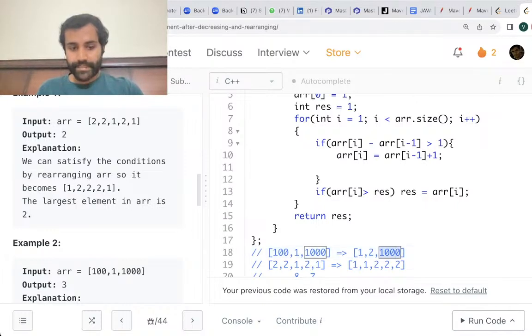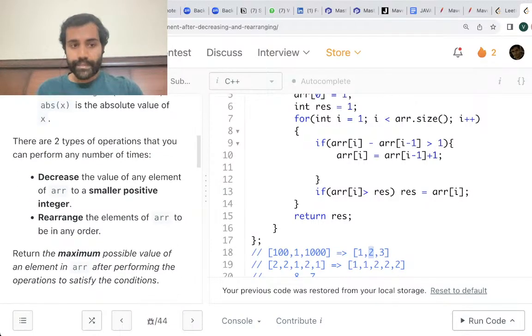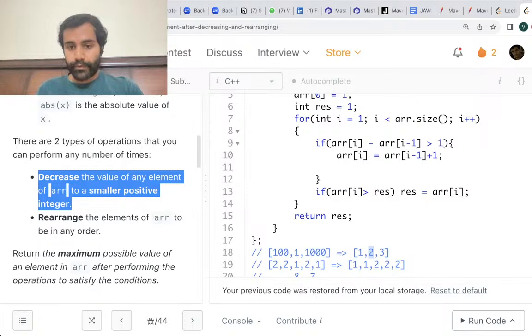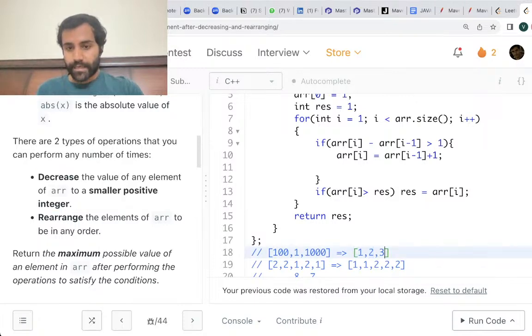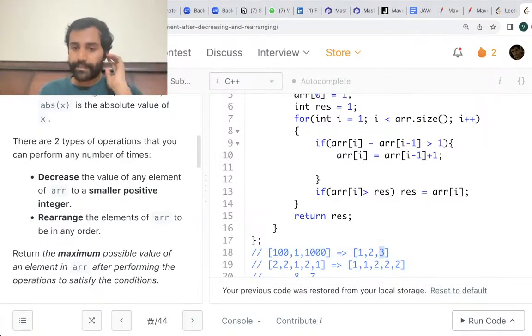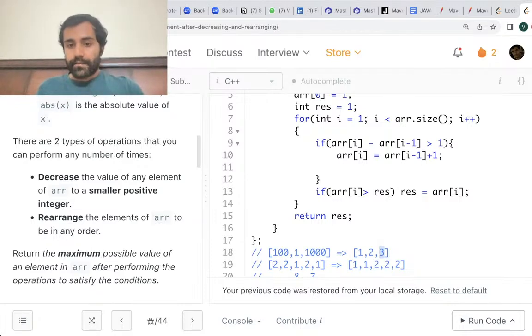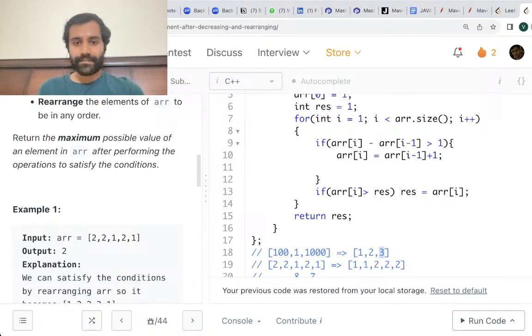And after that we can change this element to 3. Why could I change it? Because the value here was greater and I was allowed to decrease it. Similarly, the value here was 1000 and I could decrease it to 3. I could not change it to something like 5, because then the absolute difference rule would be dishonored. Okay, I believe now everyone is clear with the question.